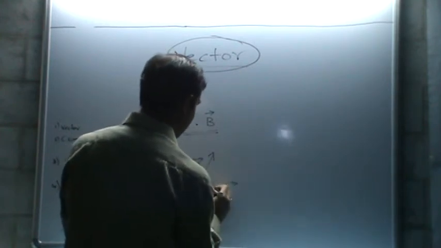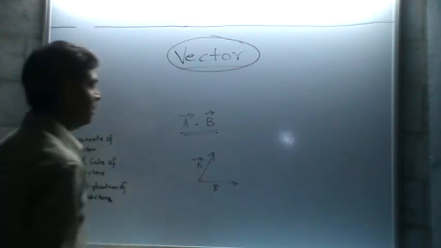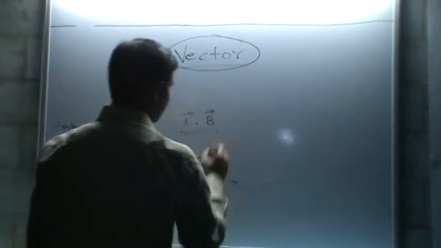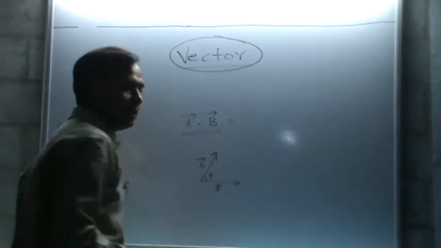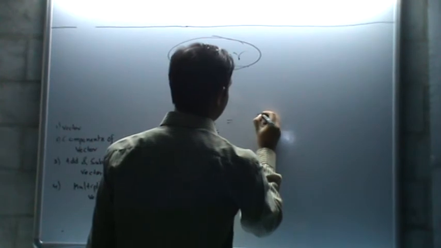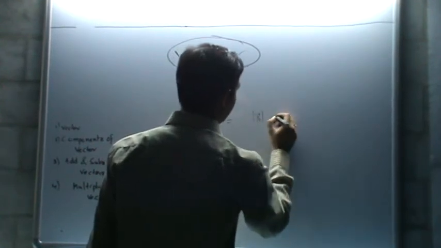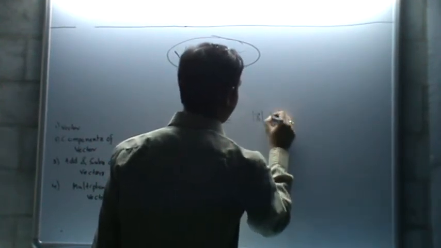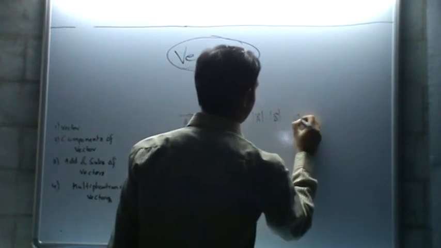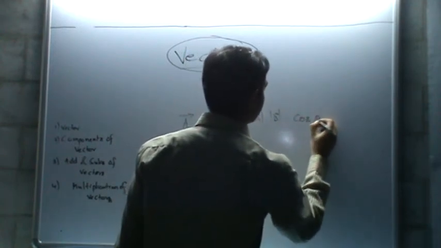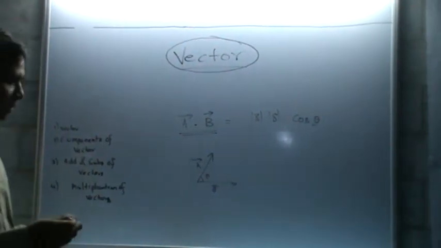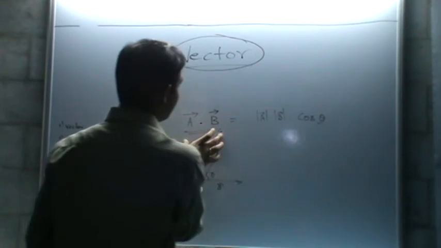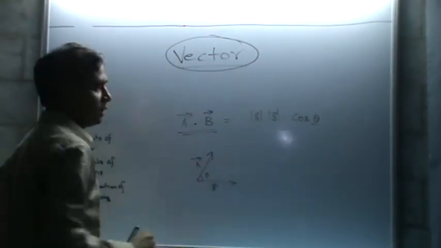Vector A here, vector B here. Say the angle is theta. Vector A into B becomes magnitude of A, magnitude of B into cos theta, where theta is the angle between two vectors. This is the magnitude of multiplying two vectors.